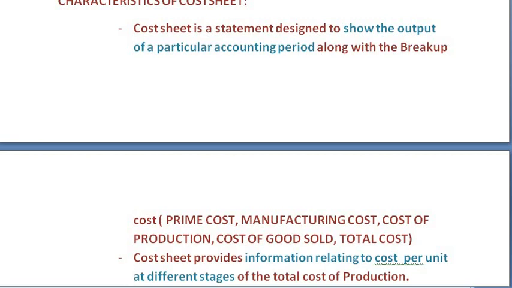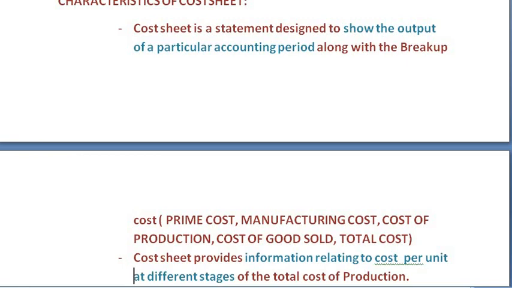Then other expenses which are directly involved while purchasing raw material, and paying the labor. All these aspects we can call direct expenses. So this is the first component involved in a cost sheet, that we can call prime cost.